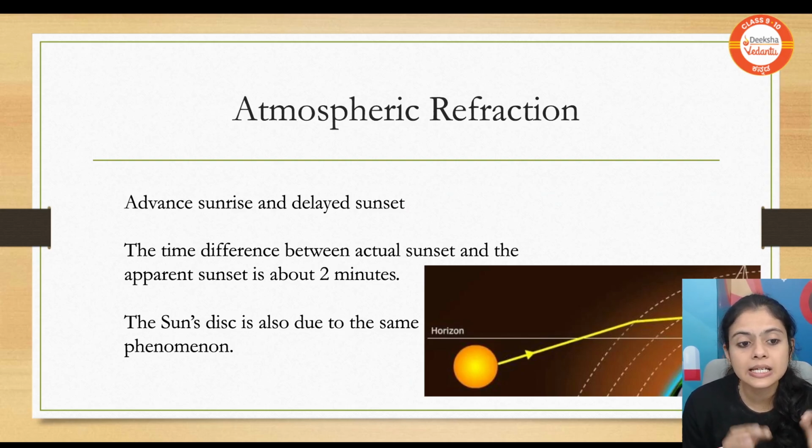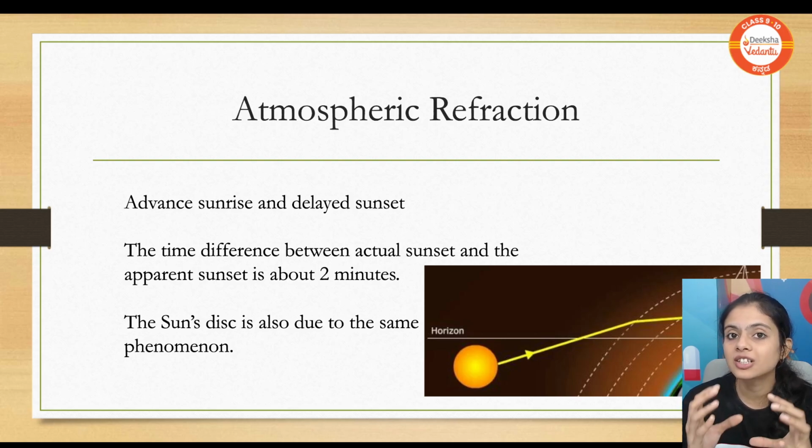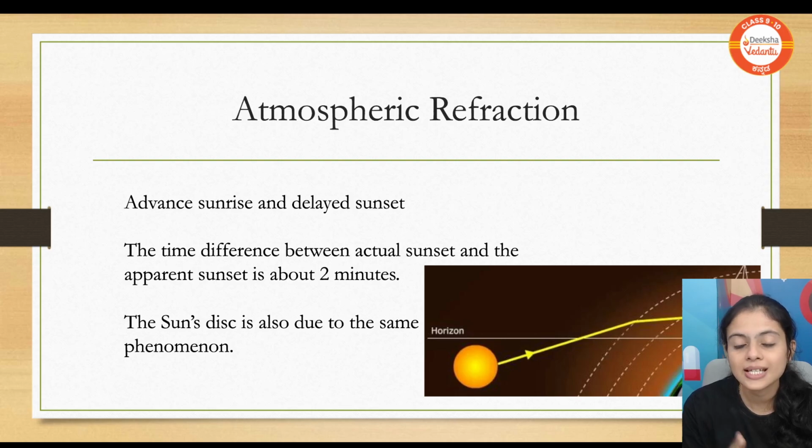Another example is early sunrise and delayed sunset. What's early sunrise? Sunrise is considered when the sun comes above the horizon. Now you can see in the picture the sun is below the horizon. So according to our terminology, the sun has not risen, right? But due to atmospheric refraction, the light rays reach the person standing on the Earth.